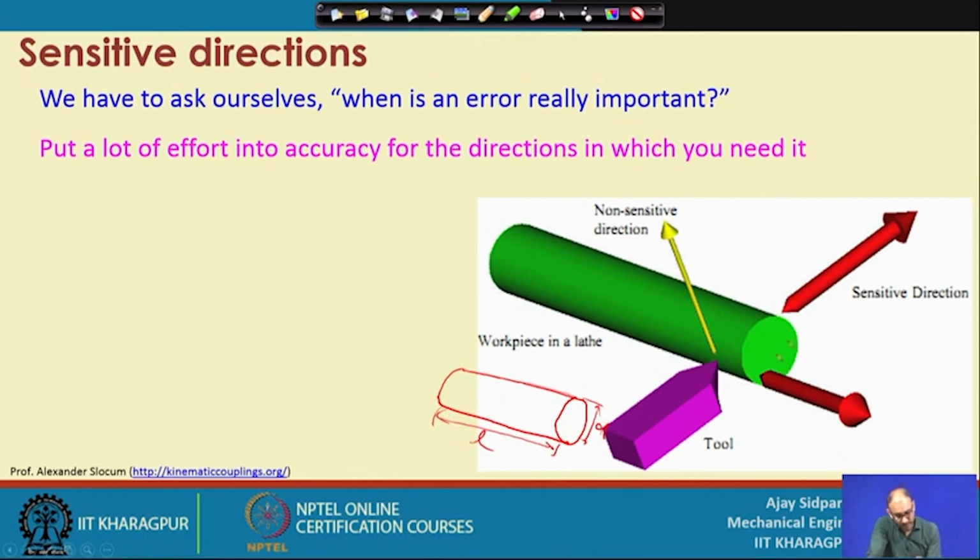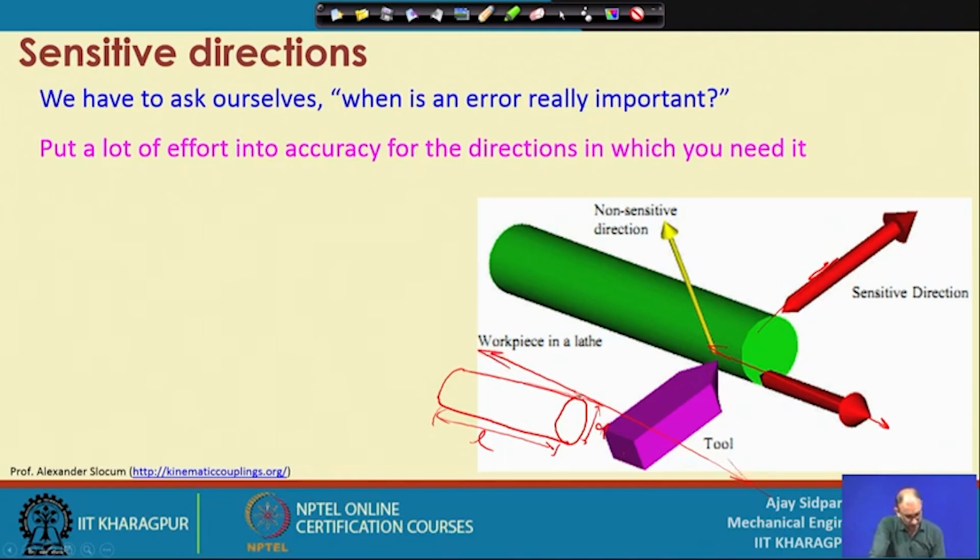Now, these are the two directions which are sensitive, because if your component or your machine is not stiff in this direction, you will not get a circular dimension. And if your machine is not stiff in this other direction, that means when your tool is moving in this direction, your tool should always be in a straight line.